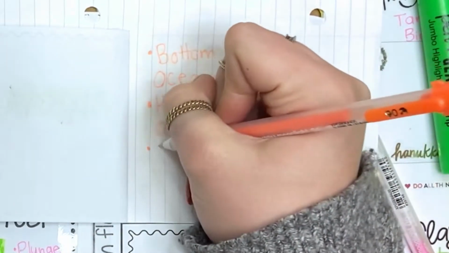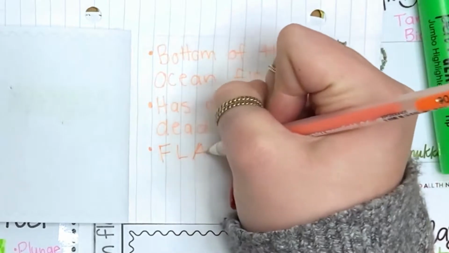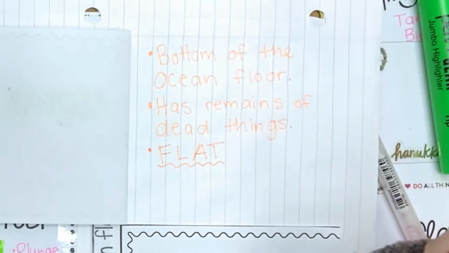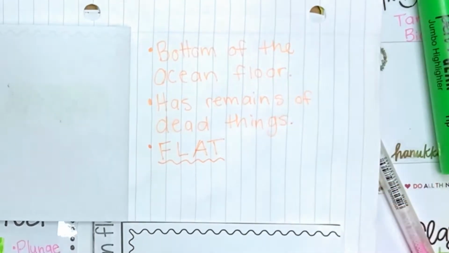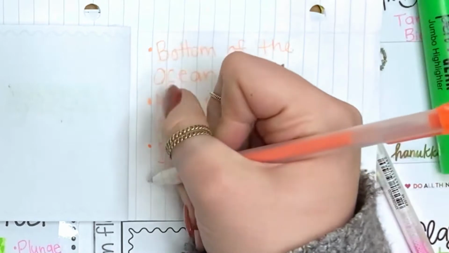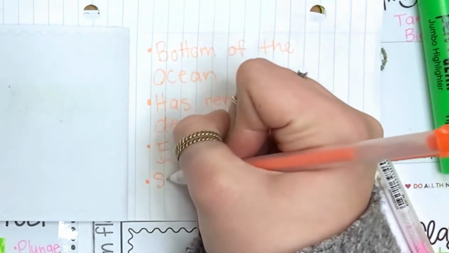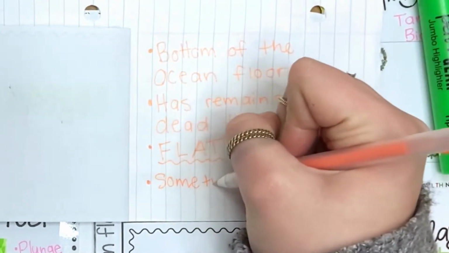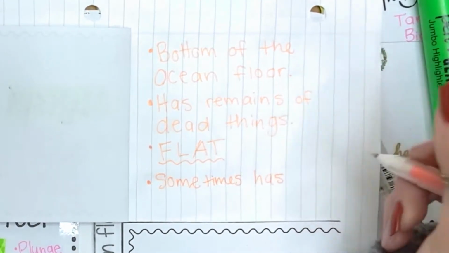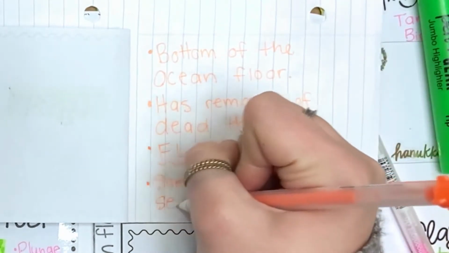The most important thing that you need to know, which is why I'm writing it in all caps, is that it is extremely, extremely flat. And the next thing is that it sometimes has seamounts.